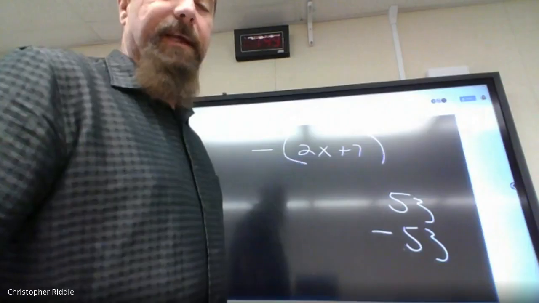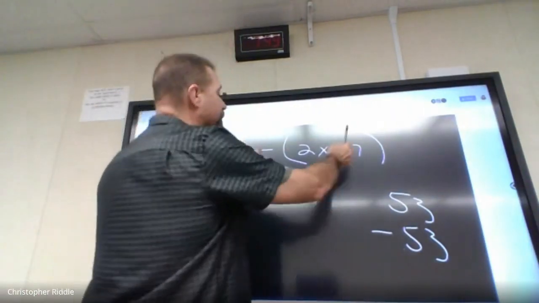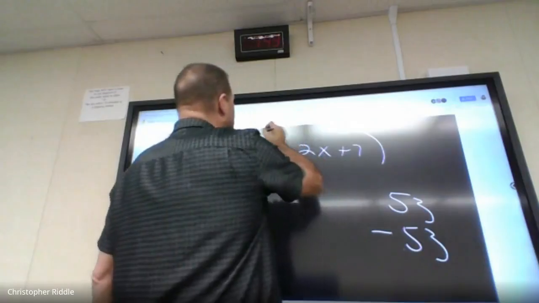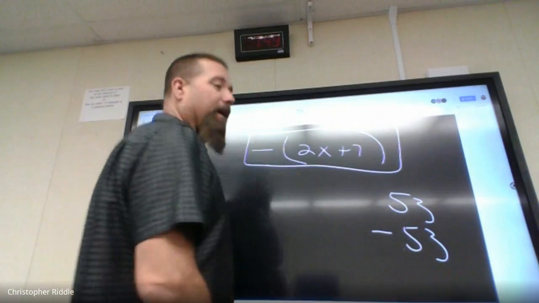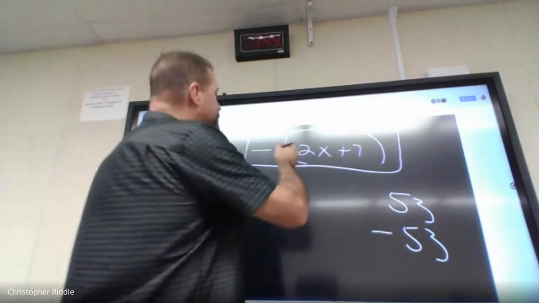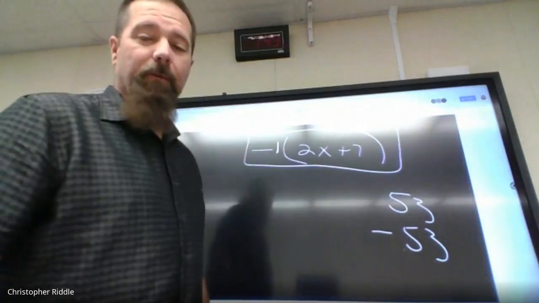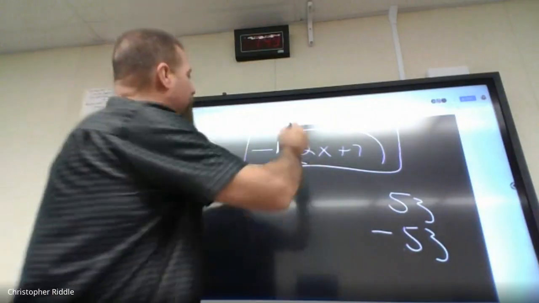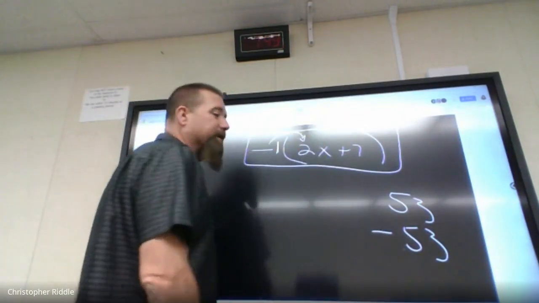Inverse means opposite. So we're going to find the inverse, or opposite, of this term. When we see the negative sign sitting outside, we'll just assume there's a 1 here. Now we're going to go right back to our regular distribution. We're going to multiply the negative 1 times 2. What is 1 times 2?